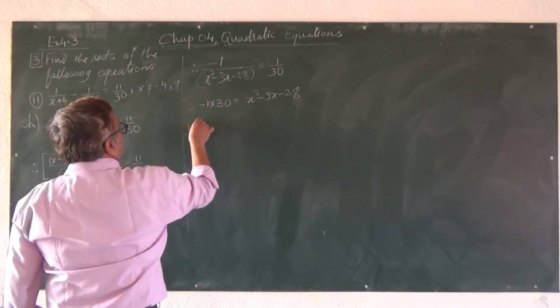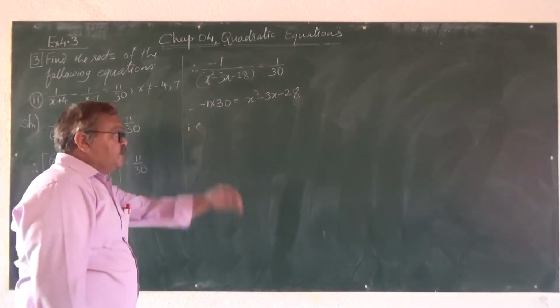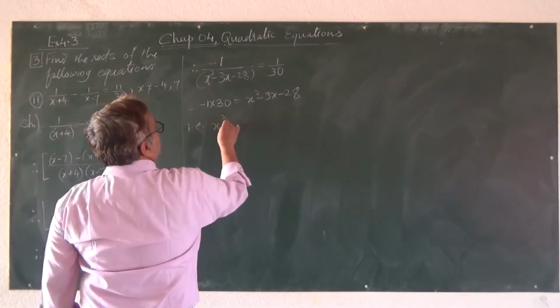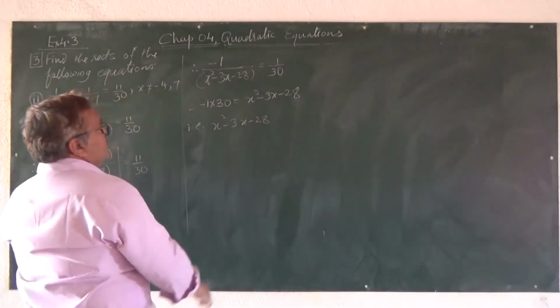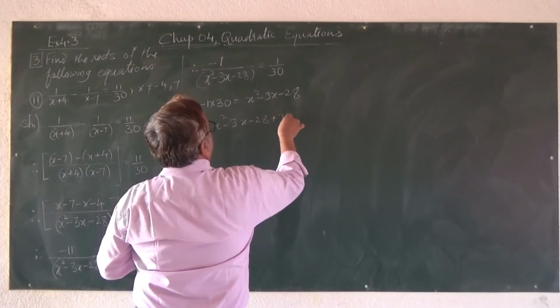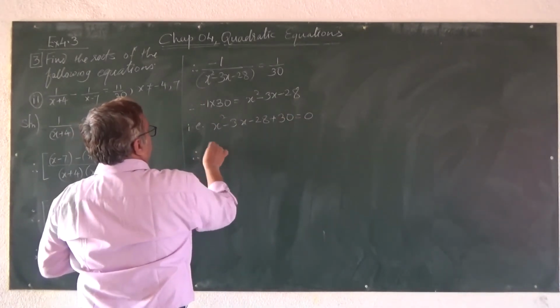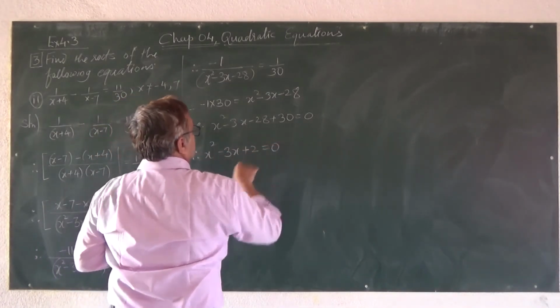If you rearrange the terms and write in the form ax square plus bx plus c is equal to 0, you get x square minus 3x minus 28 plus 30 is equal to 0. Therefore x square minus 3x plus 2 is equal to 0.